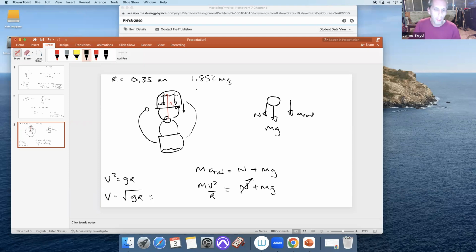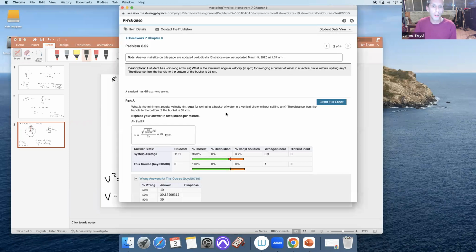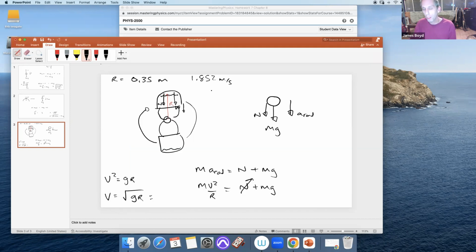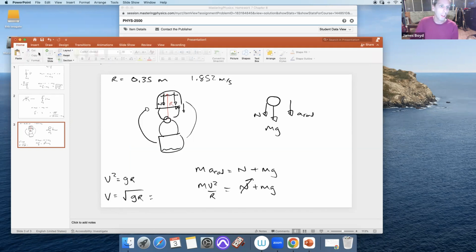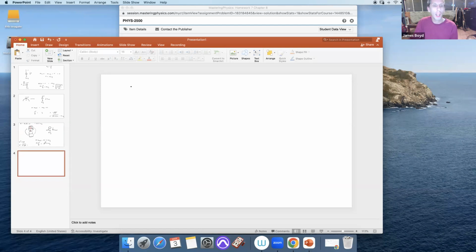And I need to convert this into revolutions per minute, so I need to figure out how many revolutions per minute this is. The period of one revolution is 2 pi r over v, and this is in seconds.